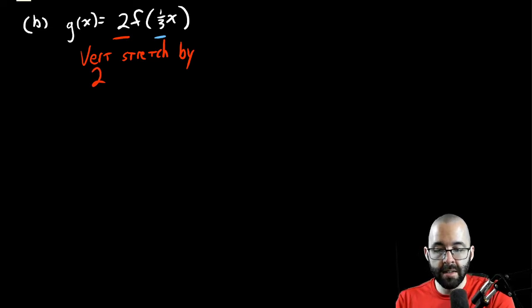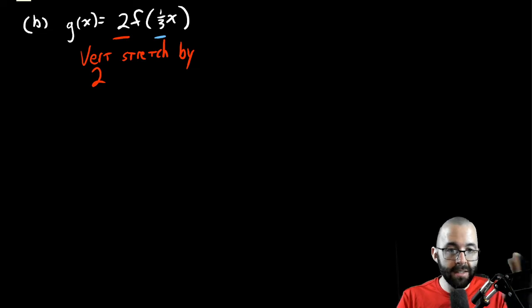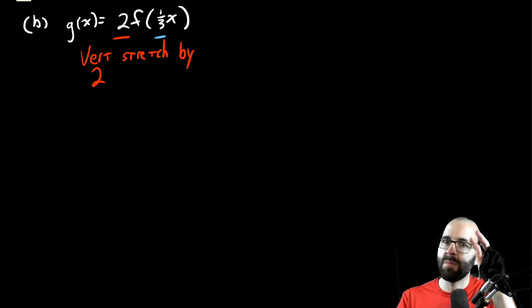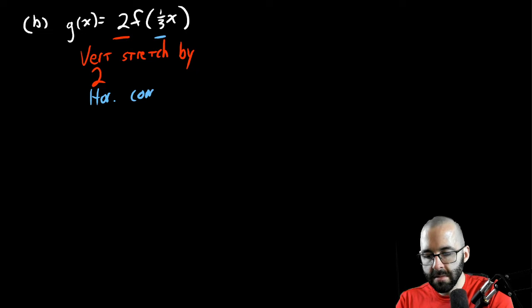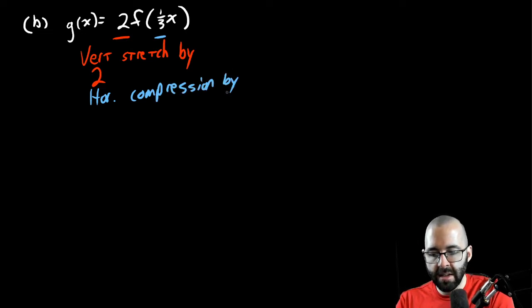1/3 on the inside. And again, you might think, oh, 1/3, that's a small number. That's a compression. Everything on the inside works backwards from what you might think. It's a horizontal stretch. And again, you could say it's stretching by 3.